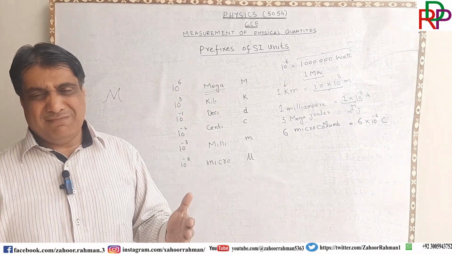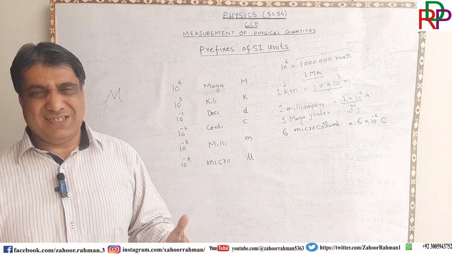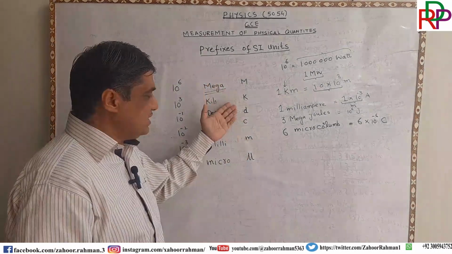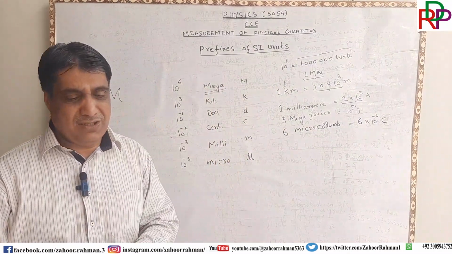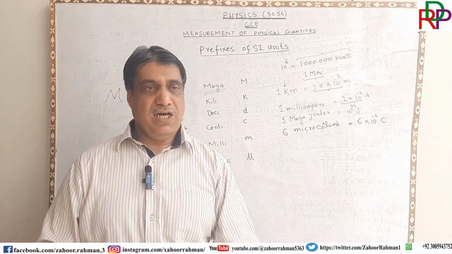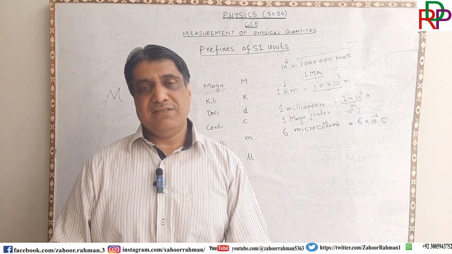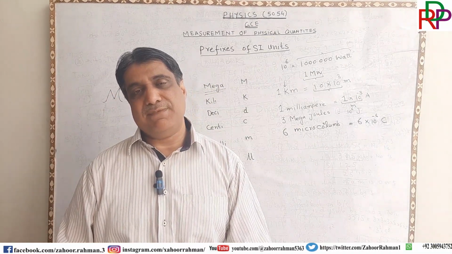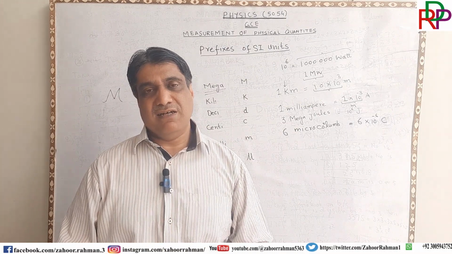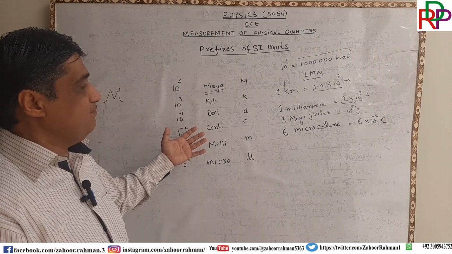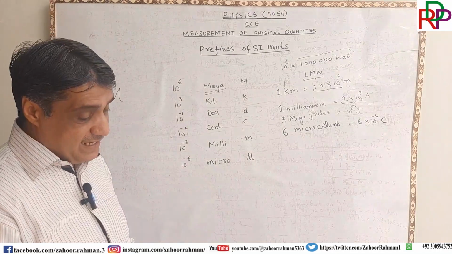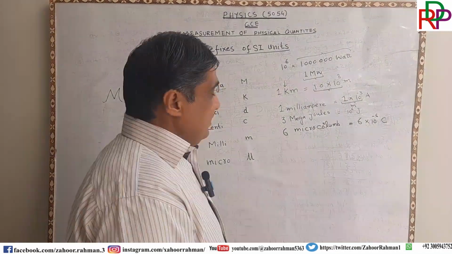So there are many, but these are the ones used very frequently inside the O-level course. So I am giving you the basic concept of prefixes in the SI unit. So we are talking about the SI unit.